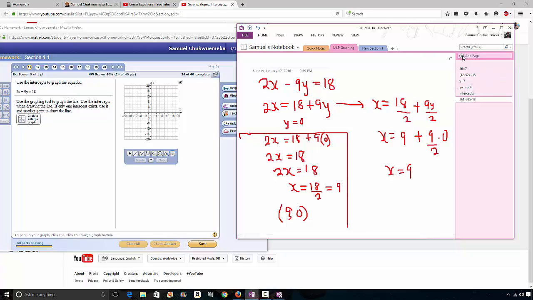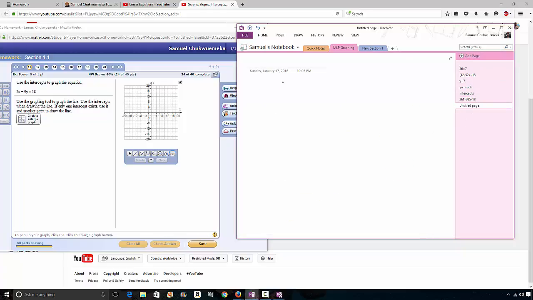Second one, let's add another page. We have 2x minus 9y equal to 18. So bring this over here, take this over there: 2x minus 18. Please view my videos on linear equations if you don't understand what I just did.